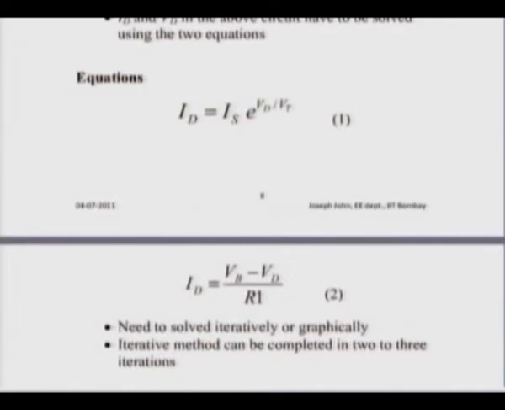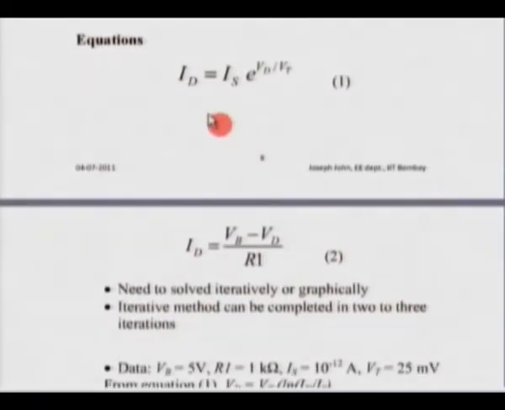For the previous circuit, we can write the equation for the current through the diode as ID equals IS times e to the power VD by Vt, where VD is the forward bias voltage across it and Vt is the thermal voltage. From the same circuit, applying KVL, Kirchhoff's voltage law, we can write the current as (VB minus VD) by R, where VB is the input voltage.